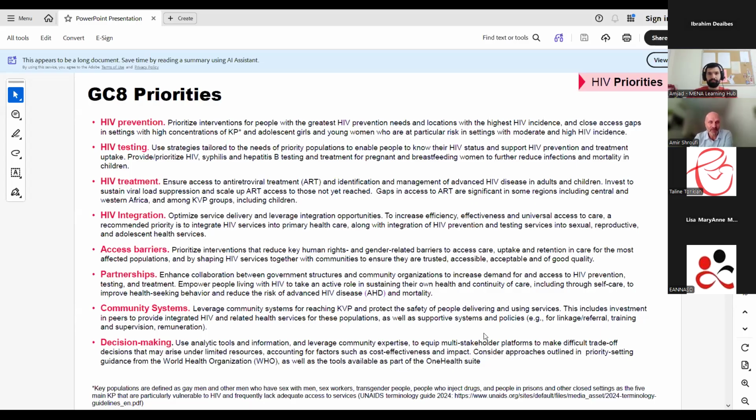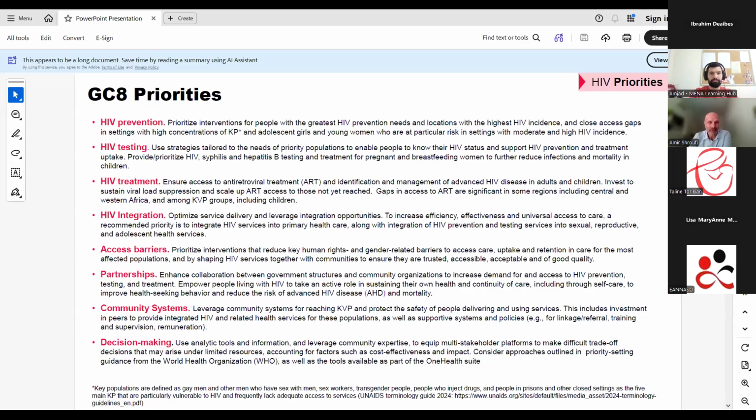Here we also continue to support integrated testing of women in the prenatal period for HIV, syphilis, and hepatitis B. So that continues despite all the challenges and constraints at the moment.